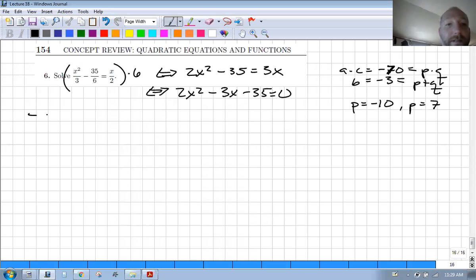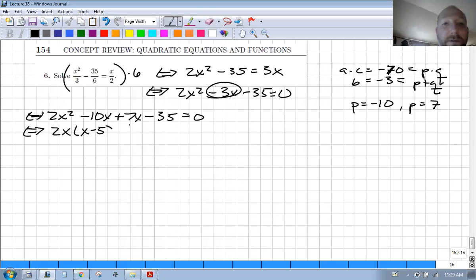So I'll rewrite this negative 3x as a negative 10x plus a 7x. And now I'll factor 2x out. I got an x minus 5. Factor 7 out. I got an x minus 5. So 2x plus 7 times x minus 5.